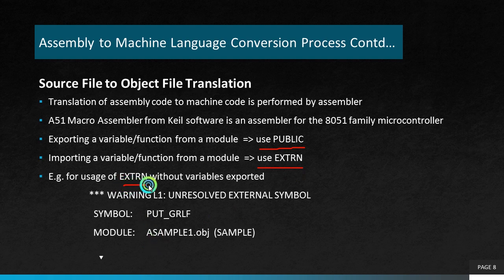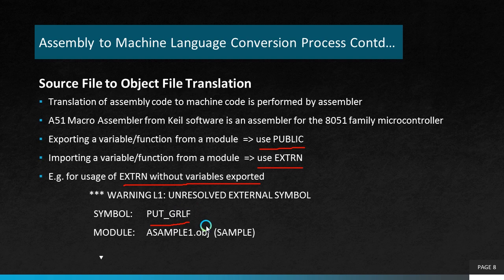Consider that the project contains three modules: assemble1.a51, assemble2.a51, and assemble3.a51. Now consider the scenario that the module assemble1.a51 wants to import a function put_grlf using extern, thinking that one of the other two modules is exporting the same function using public, but none of them are exporting it.